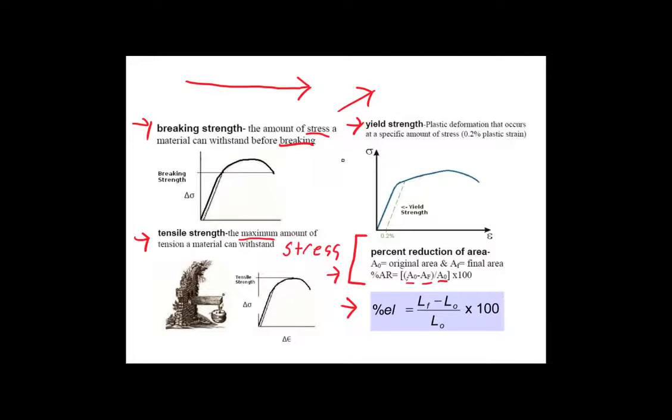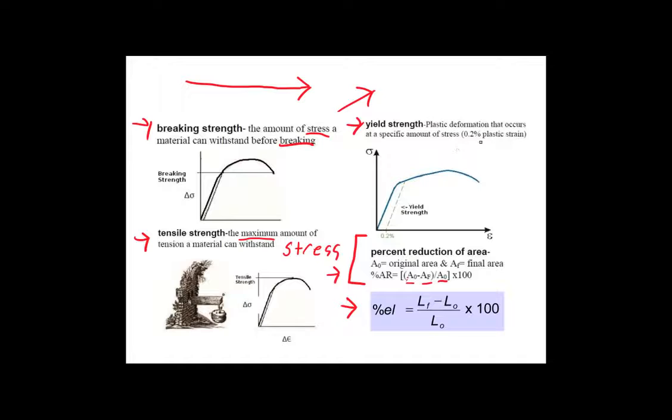Okay. Our next definition is yield strength. Now, yield strength is plastic deformation that occurs at a specific amount of stress. So, a lot of times you can't really tell when plastic deformation begins to occur in metals. So what many engineers will do is find the strength at an arbitrarily picked percent strain.